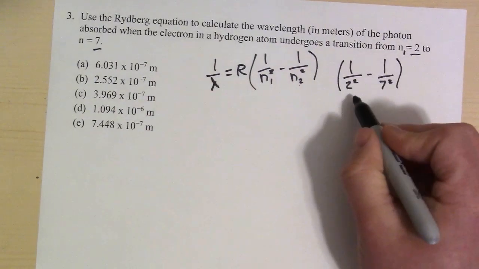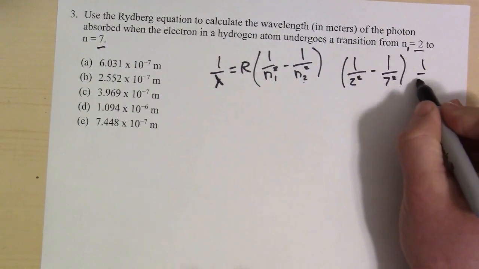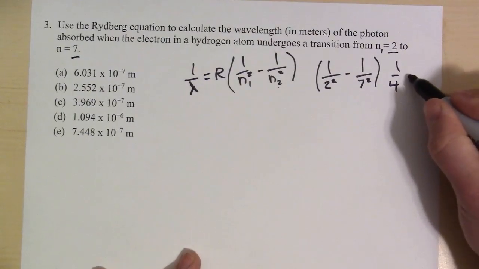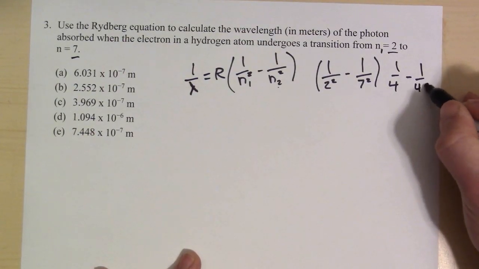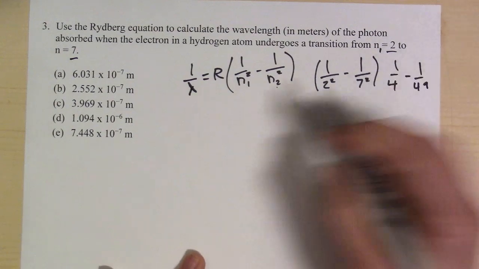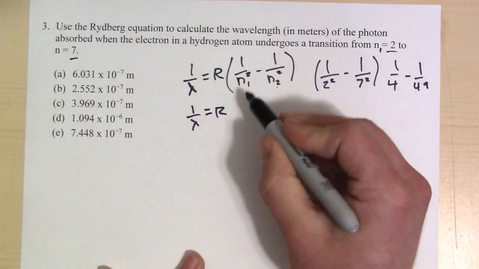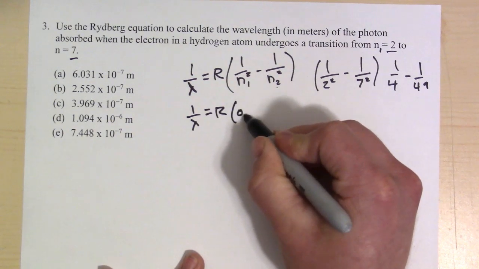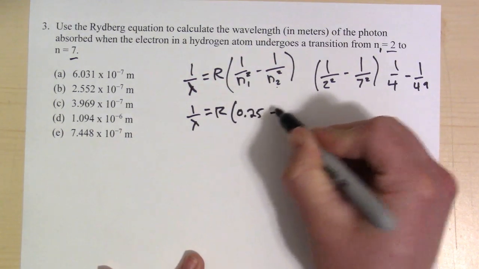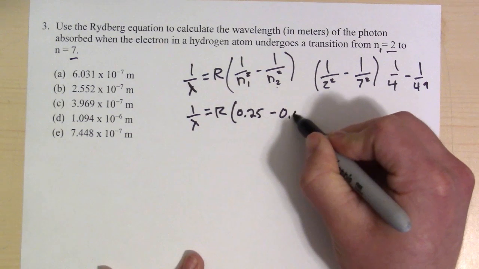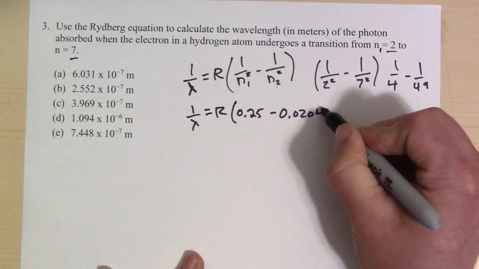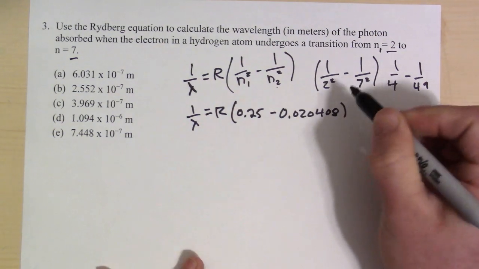So that'll be 1 over 4 minus 1 over 49. So rewriting that in the equation, that'll give us 0.25 minus 0.020408.